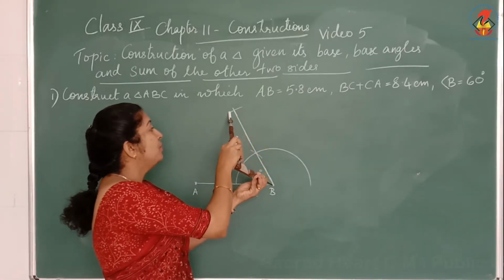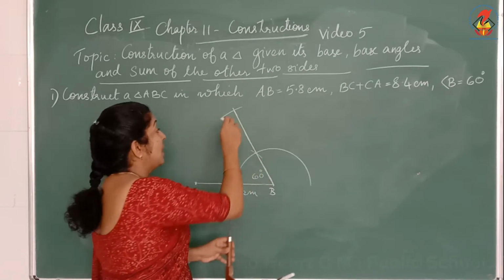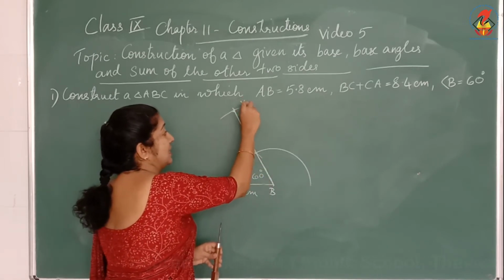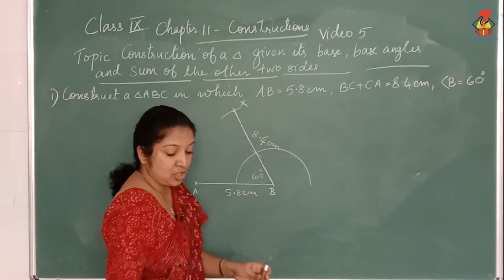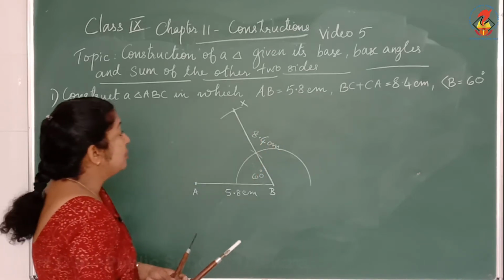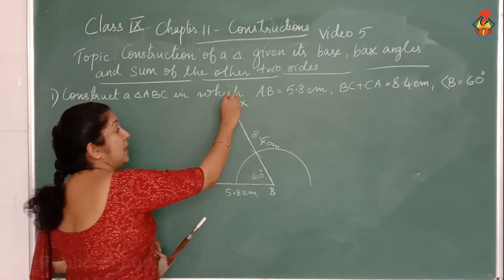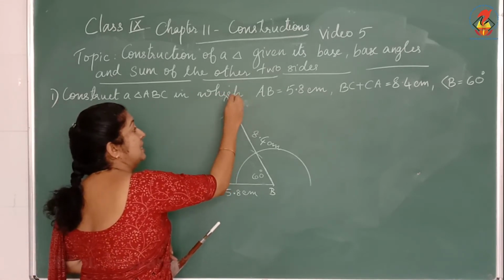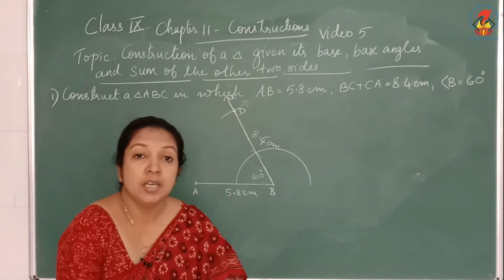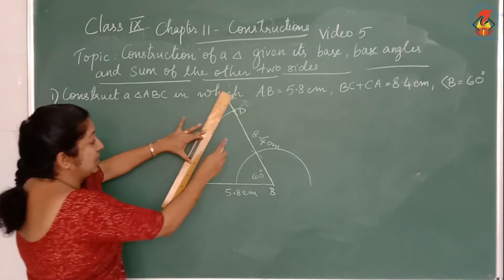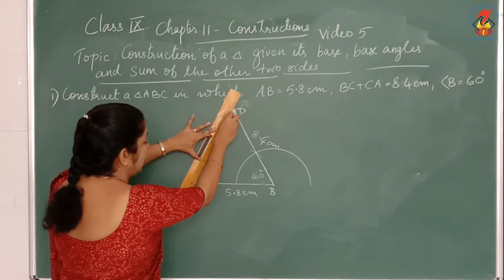It should be 8.4. I am not taking the correct value. I am marking it as X. So how much is this? 8.4 centimeter. Then you can extend this and mark it as X, and I am marking D here. What you can do next is, you can join A and D.